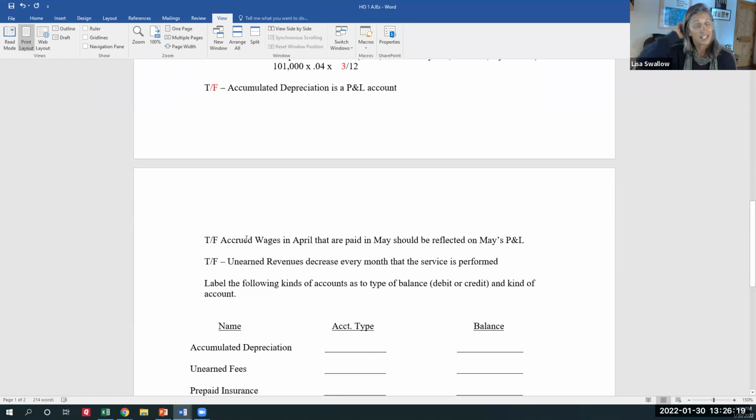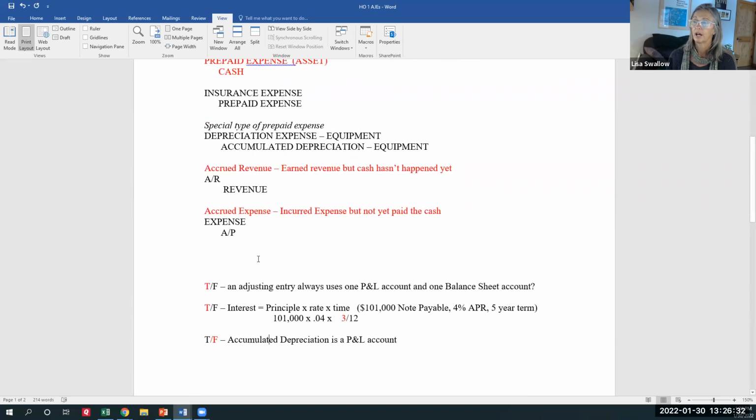Accrued wages in April that are paid in May should be reflected on May's profit and loss. Okay, think about this. This is an example of an accrued expense. I've incurred the expense in April because my employees have worked for me, but I'm not paying them until May.